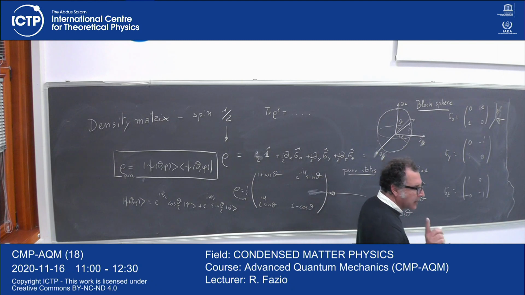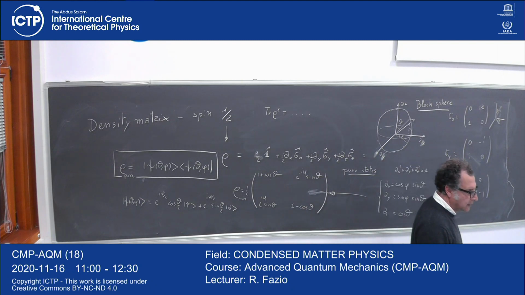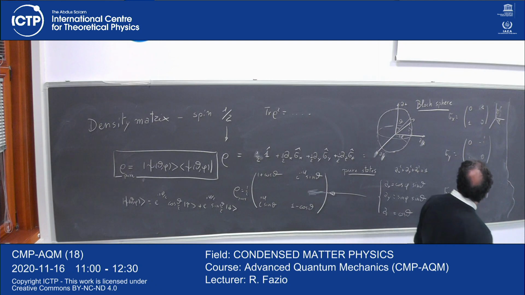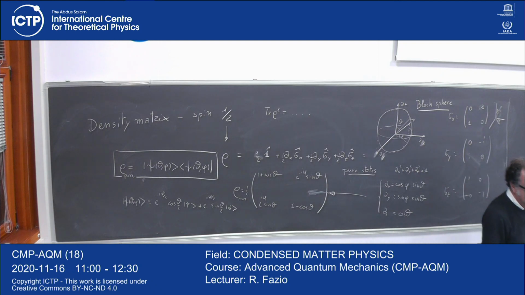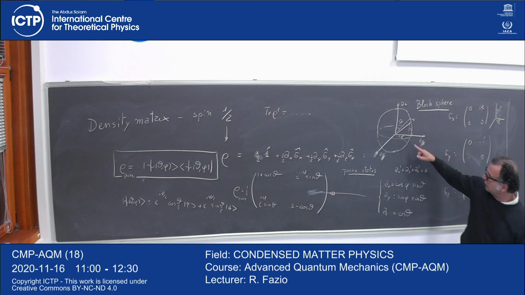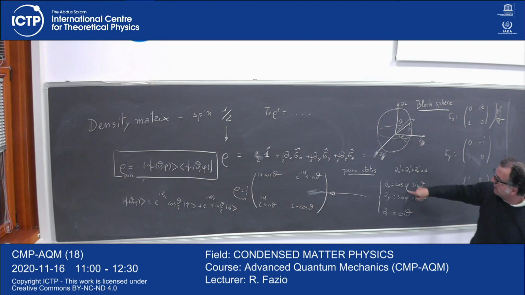Okay, so who asked me the question about this? Me. I think it should be the right hand coordinate, right? The one we use. So you see that, for instance, when theta is pi over 2 and cos phi, so when phi is 0, this is AX.